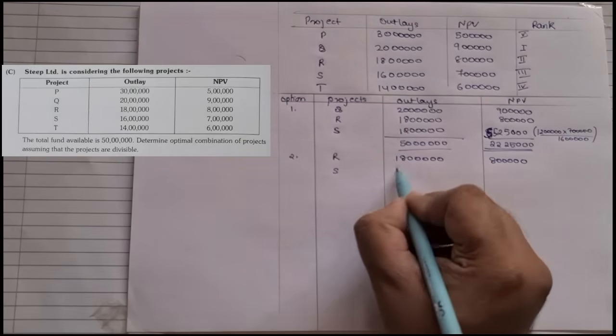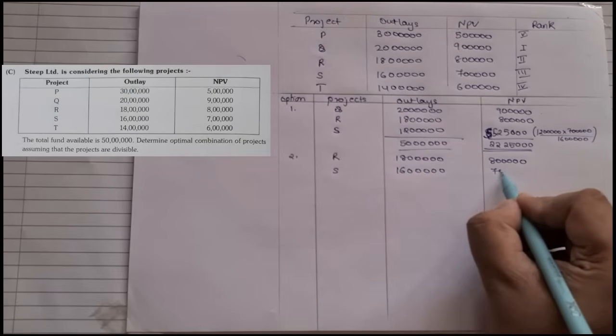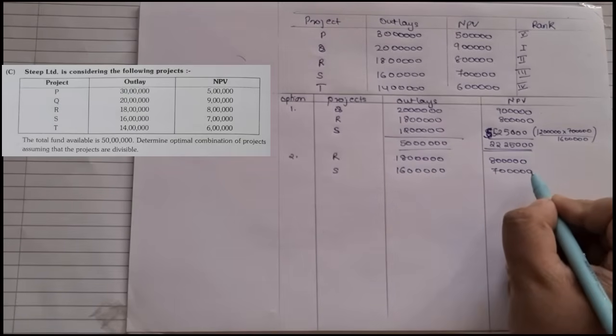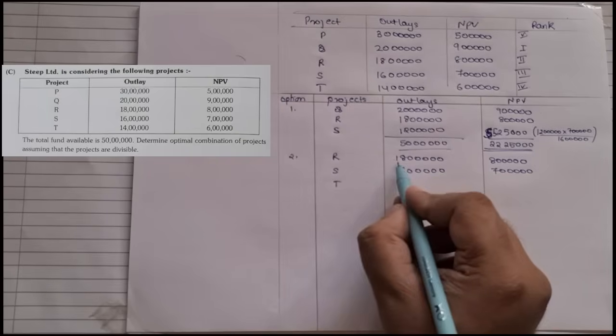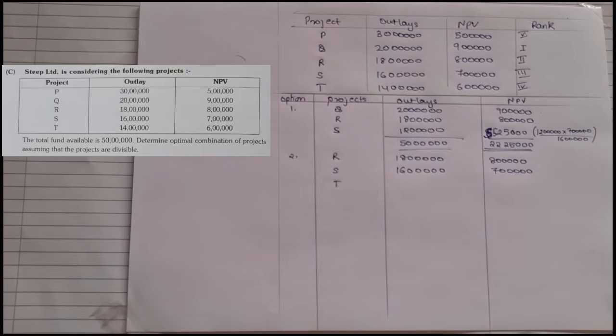Let's say next one is S, which I take as 16 lakhs, which is 7 lakhs. So 18, 34. Remember, the first is 18 lakhs plus 16 lakhs plus, if I use another 14 lakhs, I will have 48 lakhs.